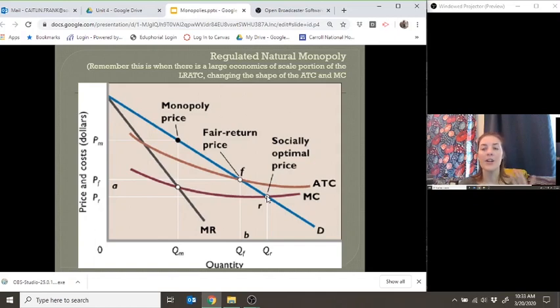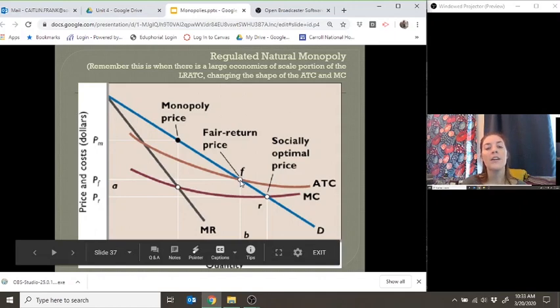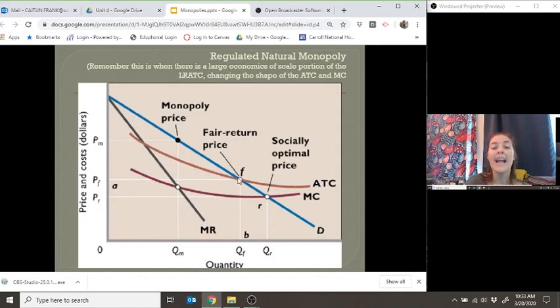So we have kind of a compromise price, a fair return price right here, where it's not all the way to the socially optimal price. So we still have a little bit of deadweight loss, but a lot less deadweight loss than the price the monopolist wants to charge. And if they're right here, they're breaking even. So they're charging the same price that they would in a perfectly competitive market, where they're at that long run break-even point.